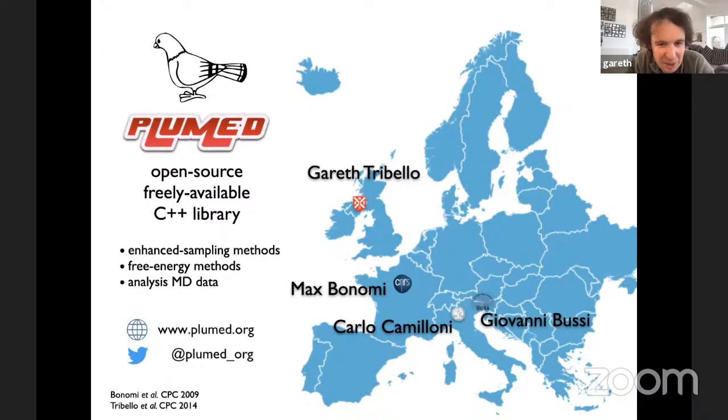It does these enhanced sampling methods. We've now had some experience of learning about 2 of these enhanced sampling methods, umbrella sampling and metadynamics. You've also done a little bit about replica methods, so we can do multiple replicas. And we can do this analysis of MD data. We can also do all our error bars, hopefully. So that's what we've covered.